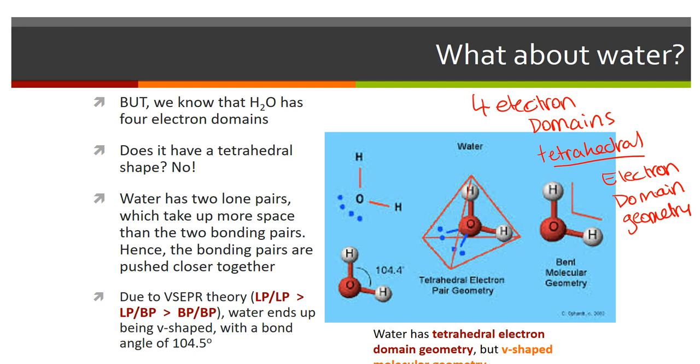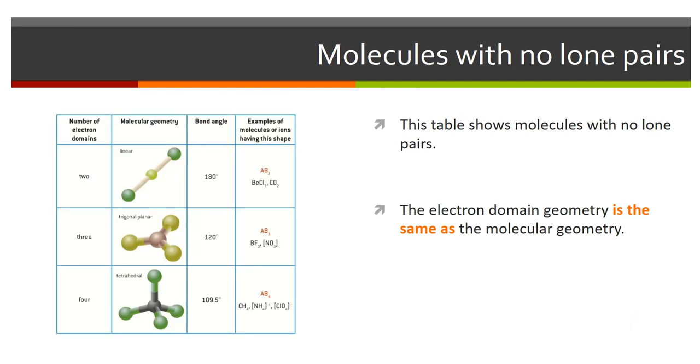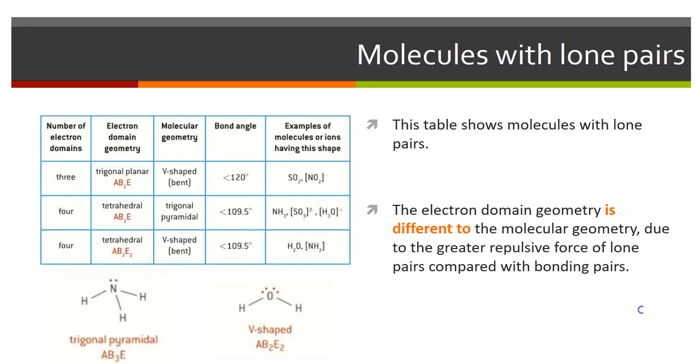Okay, so this is where our molecular geometry and our electron domain geometry change because of the presence of lone pairs. Okay, so no lone pairs, electron geometry is the same as molecular geometry. With lone pairs, we need to count up the number of domains and then apply that to our normal shape.